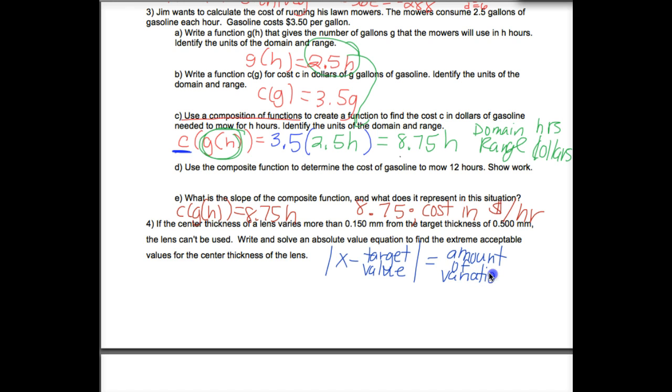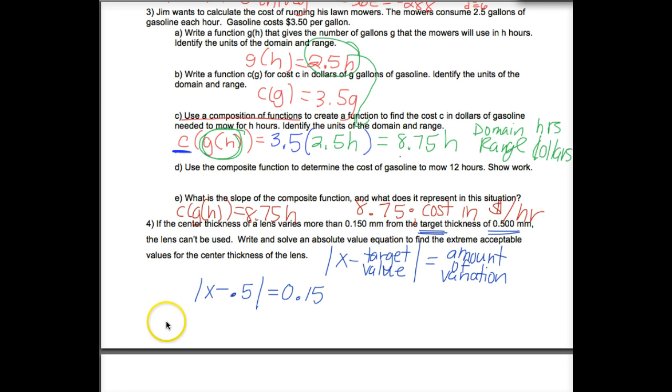So if we're using that we had learned at the beginning of the unit, and again we did it with the Sapphire Island water temperature, the target value is 0.500. So that's what goes on the inside. And I'm just going to put 0.5 because we really don't need to keep those extra zeros, equals the amount of variation allowed, which is 0.15 millimeters.